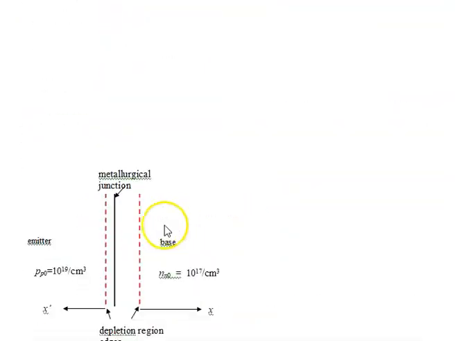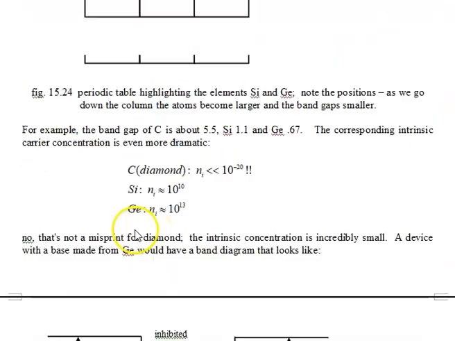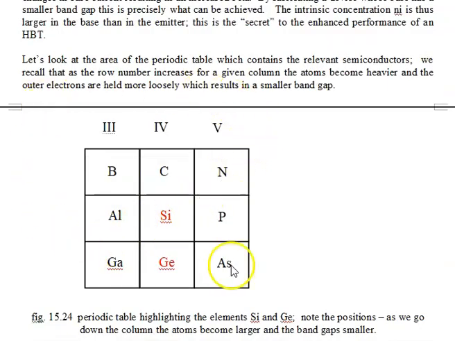So let's go way back here to our periodic table. Gallium arsenide, 3-5, that is a semiconductor. What we're going to do now is make the different material not in the base, which we did in the silicon germanium device, but rather in the emitter.